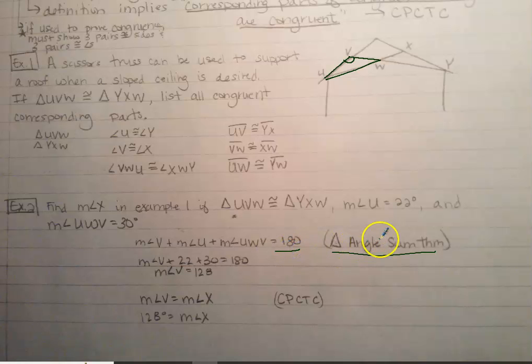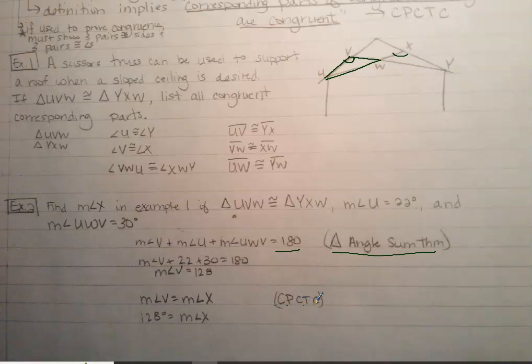That's the triangle angle sum theorem. So I put in the numbers I know, and I solve for the measure of angle V, and I find out that it's 128 degrees.